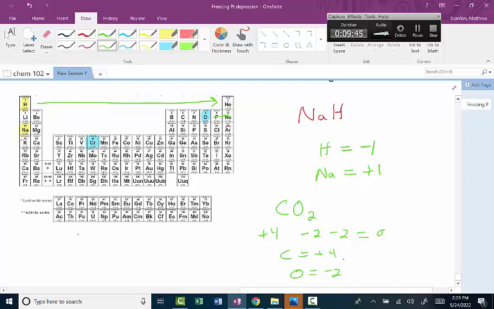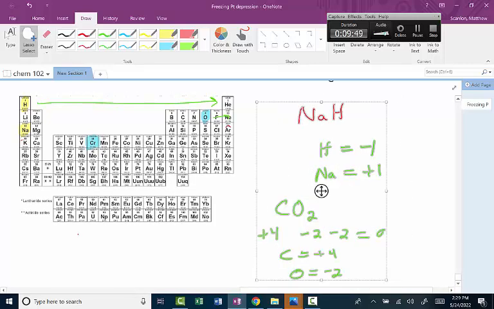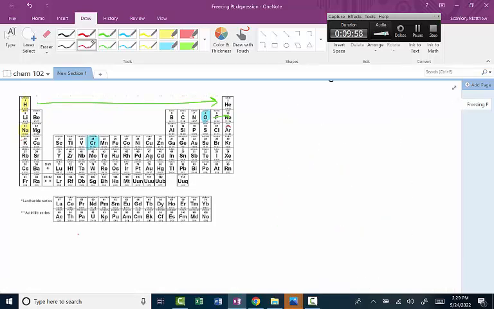There's one other tough one that I want to do, and that's a peroxide. And so we'll look at something like this, F2O2, fluorine peroxide, okay? And so this is a tough one. We'll look at which one's more electronegative, and the oxygen and fluorine are up here, so the fluorine is going to be electronegative, and so it's going to be minus 1, so it gains 1 electron.